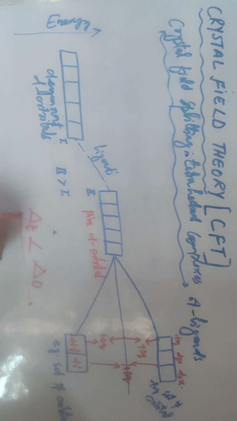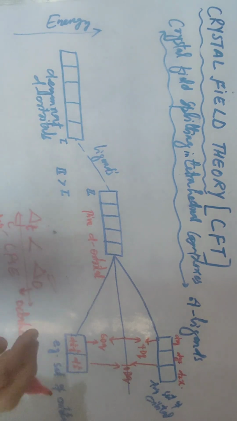That means crystal field splitting is stronger in the case of an octahedral complex, while it is weaker for a tetrahedral complex. O stands for octahedral, since the crystal field splitting energy is represented by CFSE, or you can also write it as delta O or delta T, where T stands for tetrahedral.